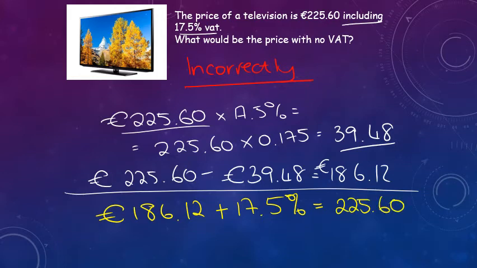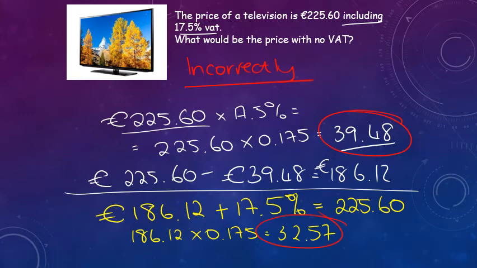But if I work out 17.5% of 186, okay, so 186.12 times 0.175, I actually get 32.57. Now that is different to that. So when I add on the 32.57, I'm not going to get 225.60. What I actually get is 218.69.